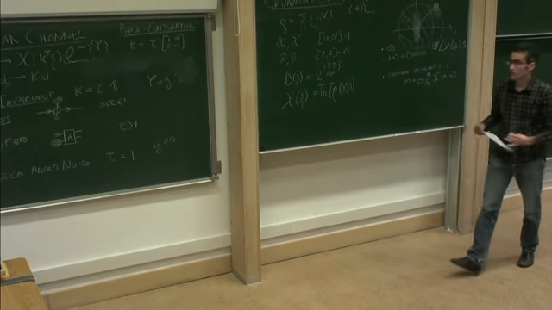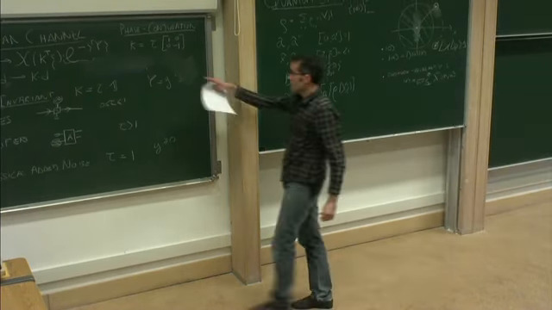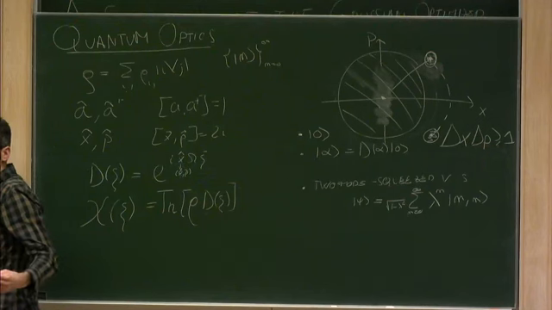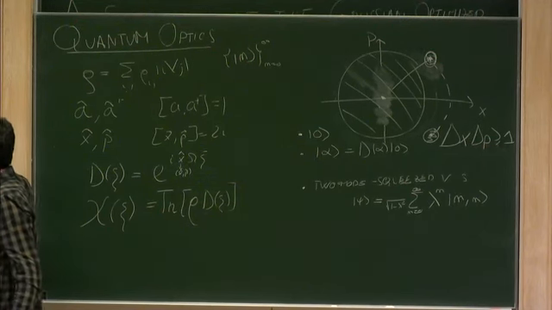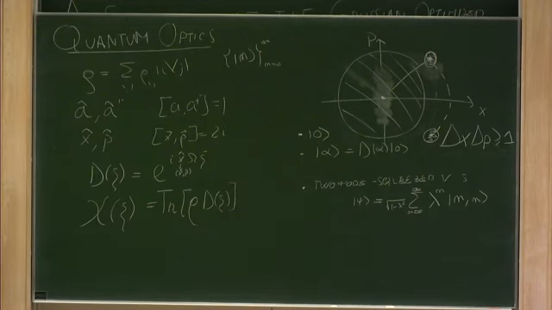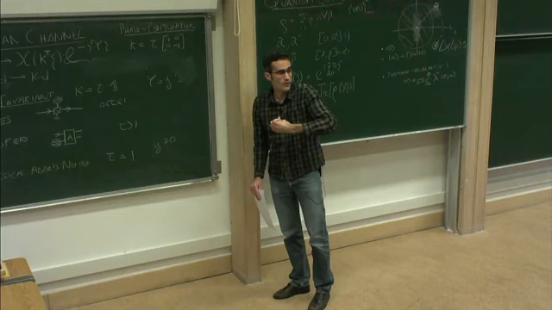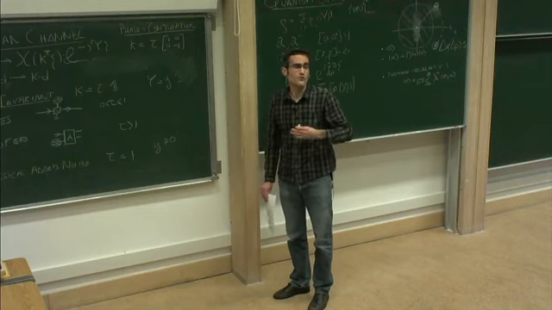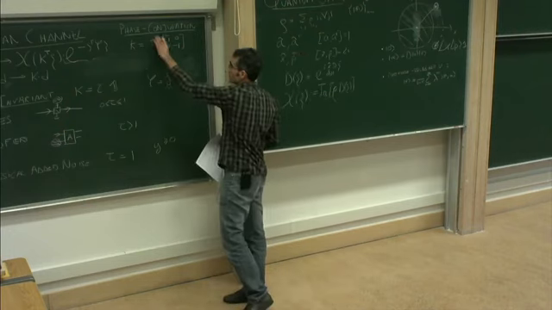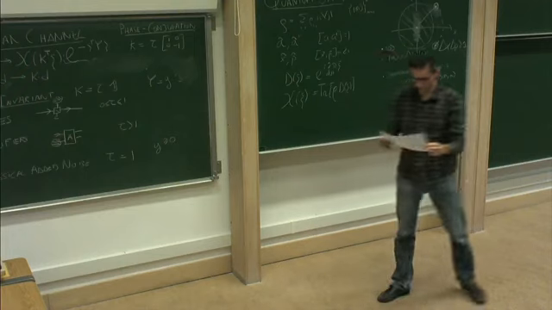This operation is not physical. It's not unitary or anti-unitary, and therefore you will need to add extra noise to simulate this transposition. And you need to add so much noise that the channel is entanglement breaking. So what I especially want you to remember is these channels are entanglement breaking.